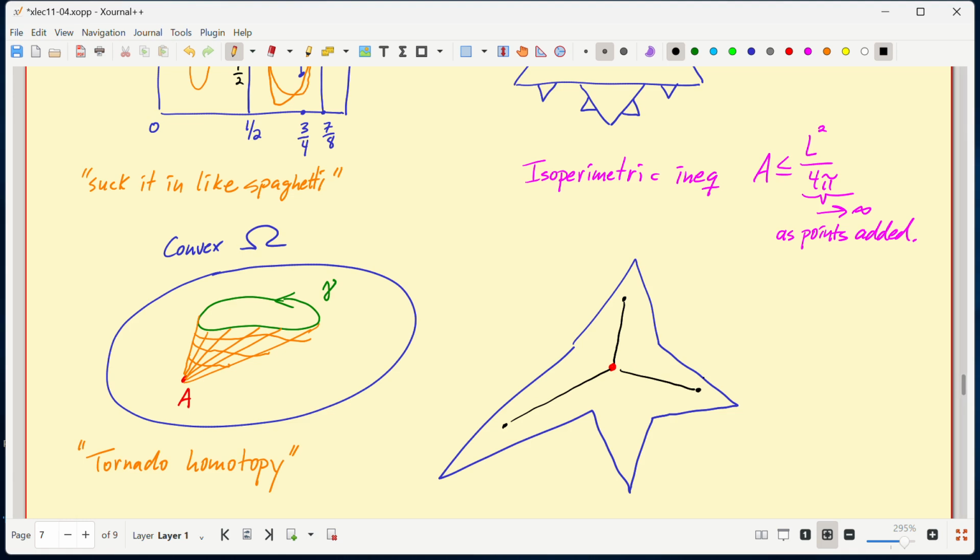So convex means any 2 points you can connect. Star-shaped means there's 1 point that you can connect to. Okay, so this is star-shaped. And of course, the tornado homotopy works for those too. You squish it down to that point. So the same homotopy.